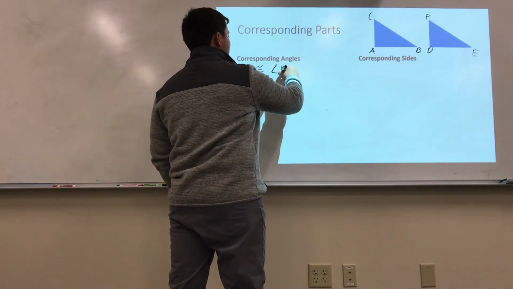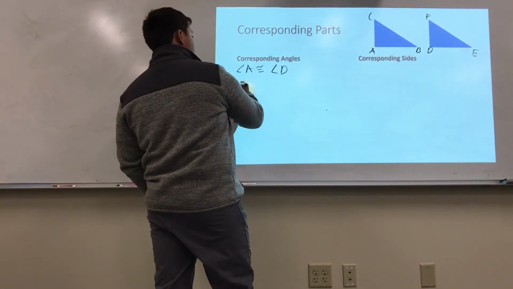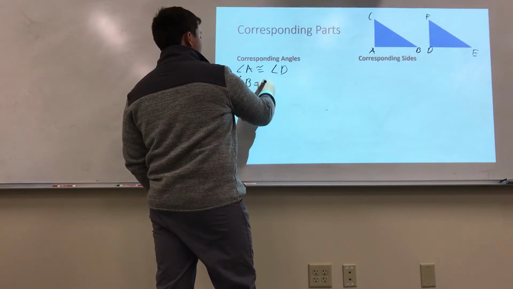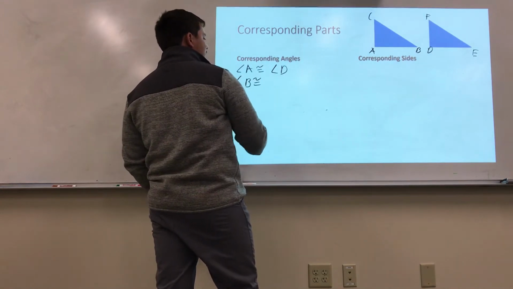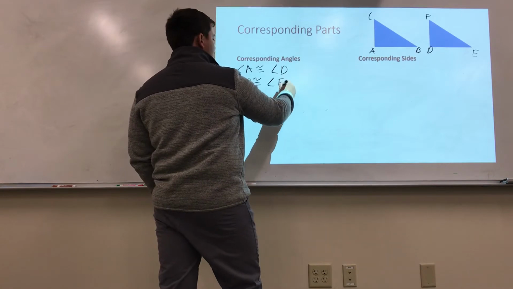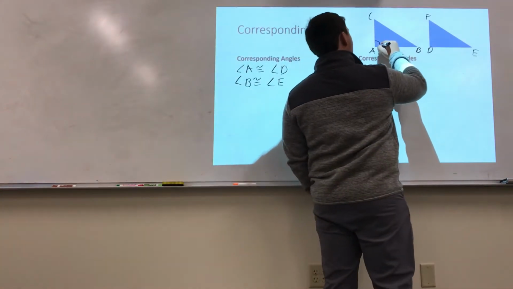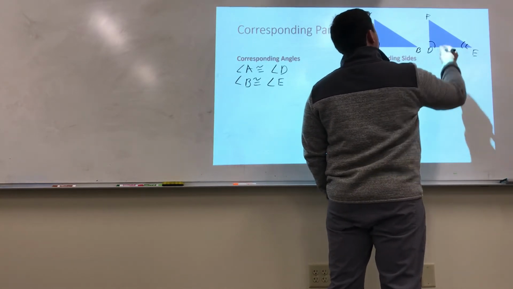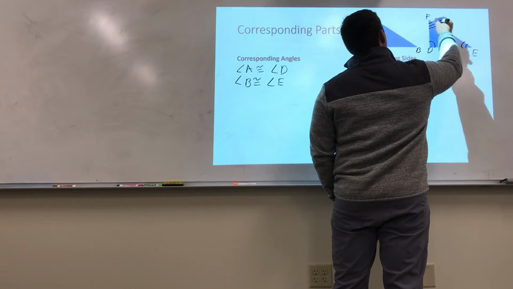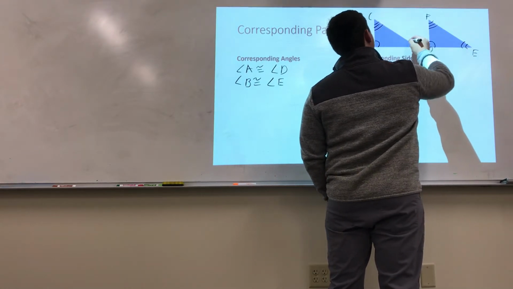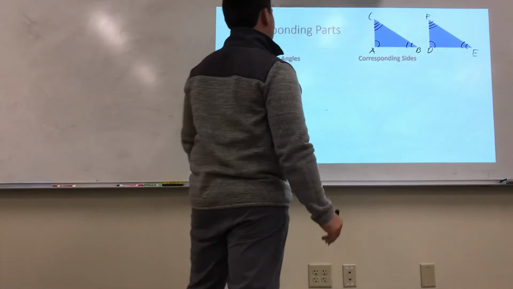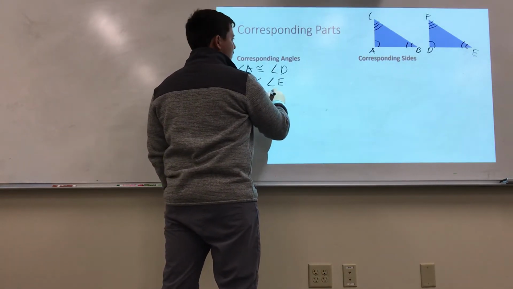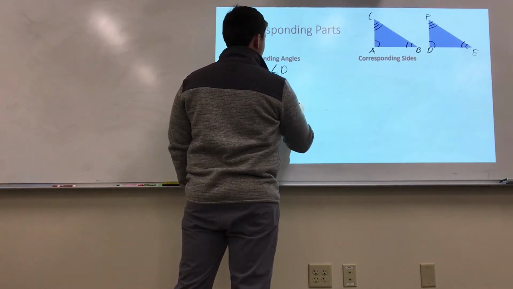Well, angle D would be the equivalent to that. Angle B's corresponding angle would be angle E. Now angle C is going to be similar to angle F.